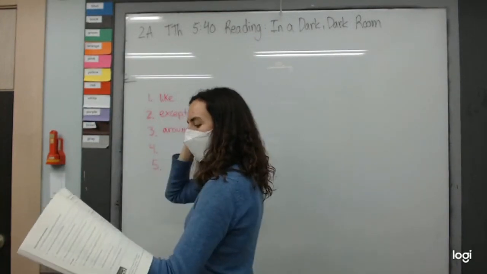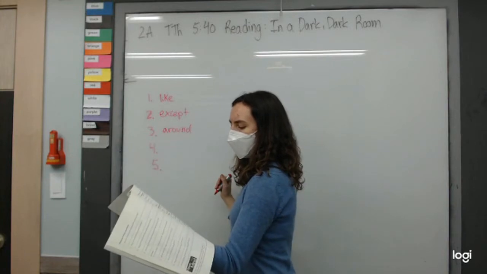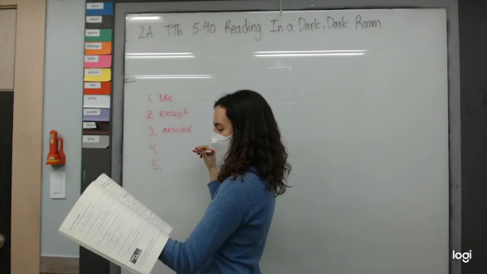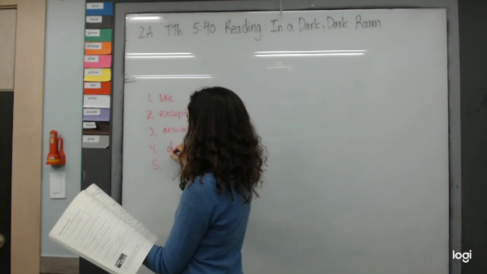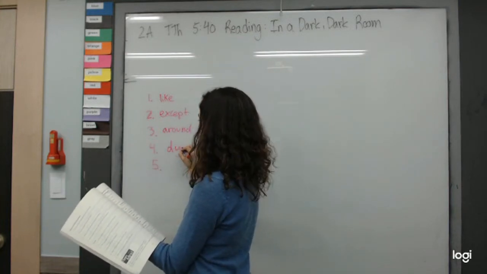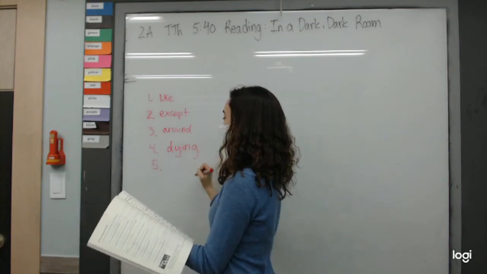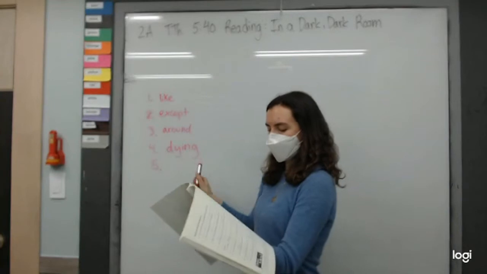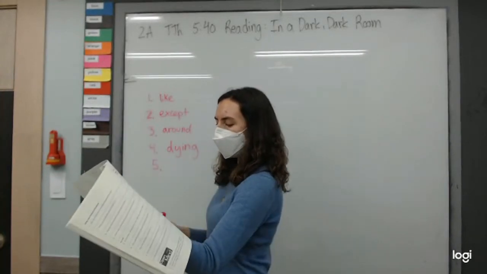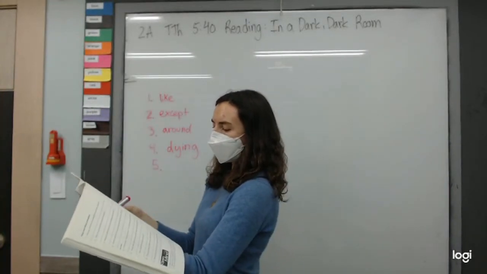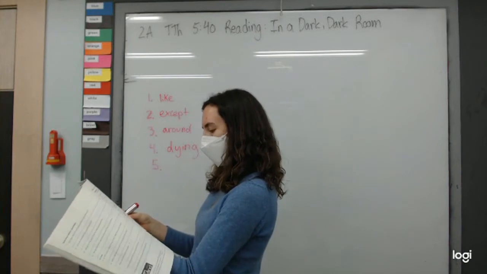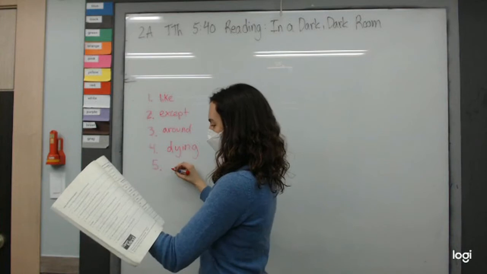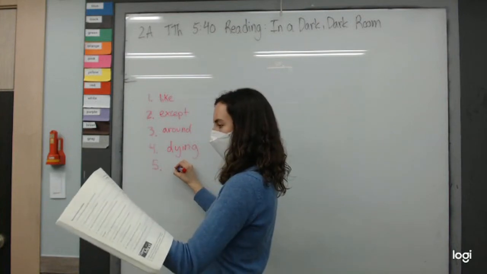Number 4, the doctor told the very old man that he was, what? The doctor told the very old man that he was dying. This is how we spell dying. Dying spelling is D-Y-I-N-G. Number 5, when I untied the shoelace, my shoe fell off. Okay.